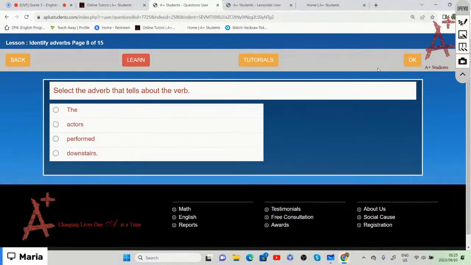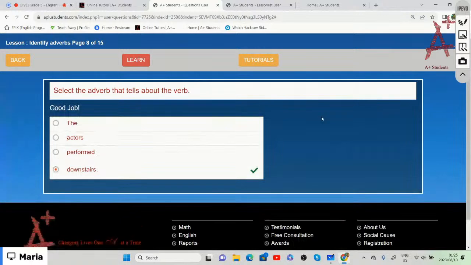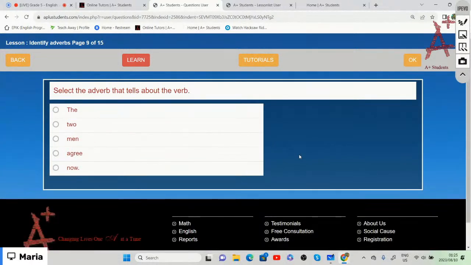The actors performed downstairs. So where did the actors perform? And then we can say the actors performed downstairs. So downstairs is our adverb that tells us about the verb.